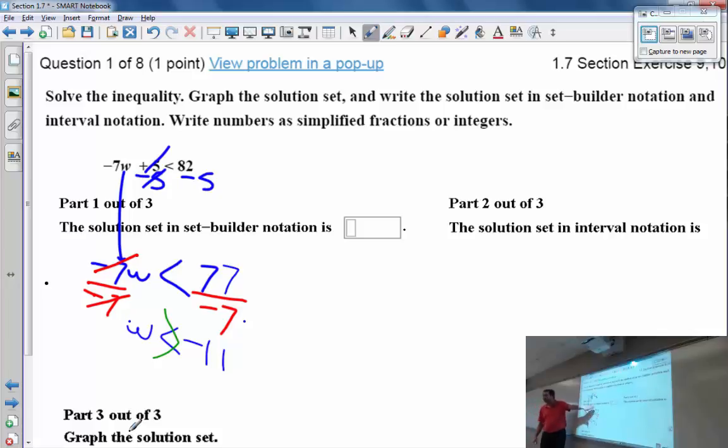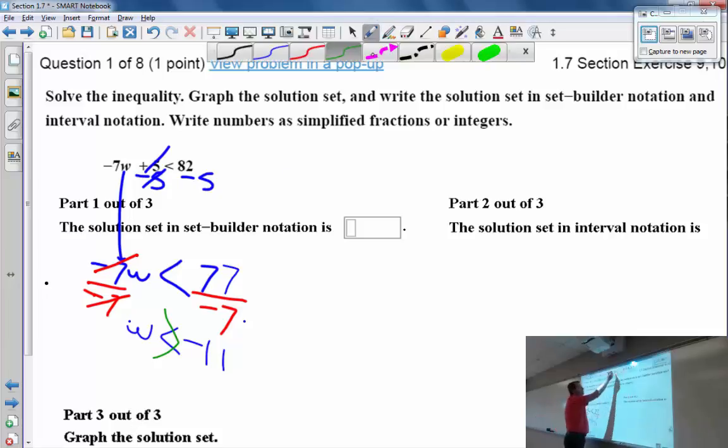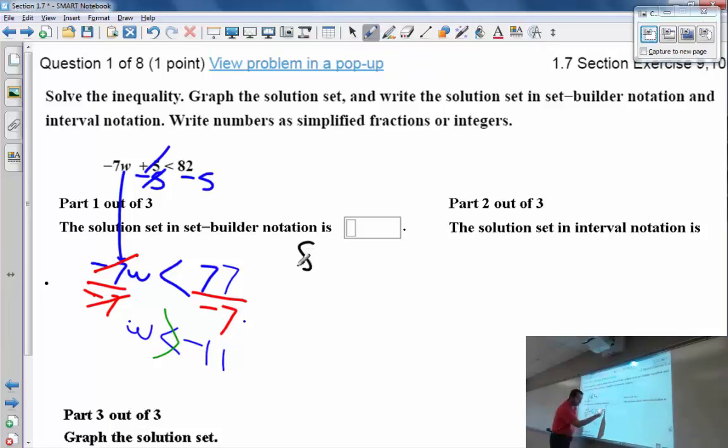Alright, is this the set builder notation done? No. This is just the solution in inequality form. To make it in set builder, all you need is to get these symbols first and declare what your variable is. What is your variable you're dealing with here? W. And put a vertical bar.